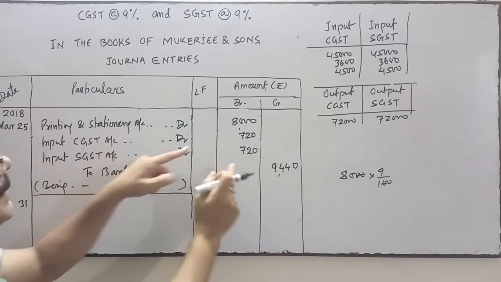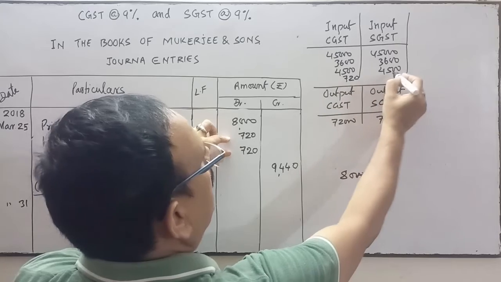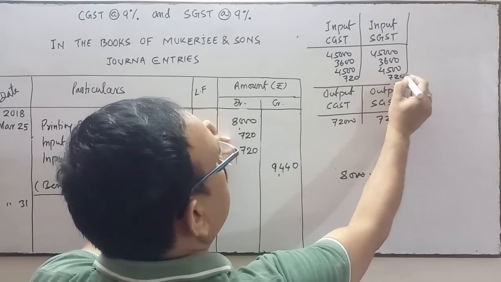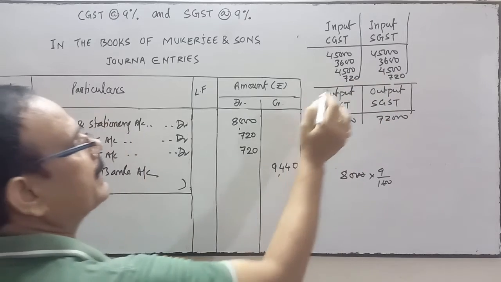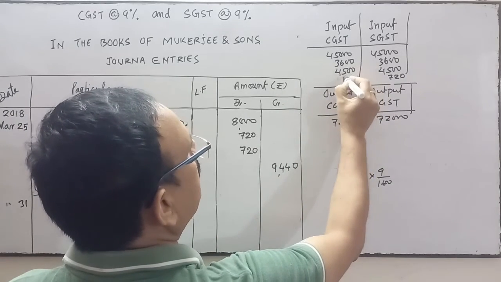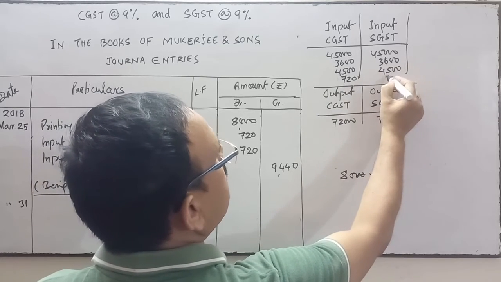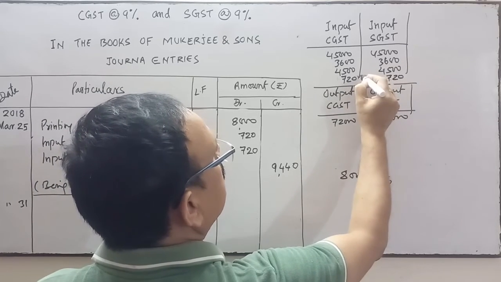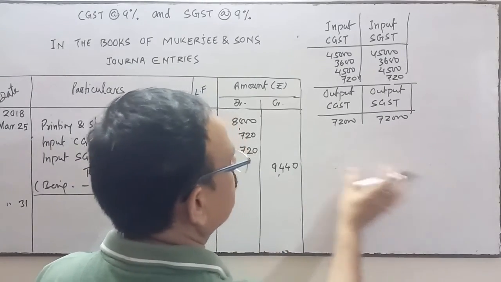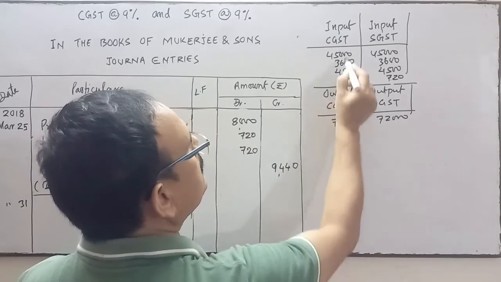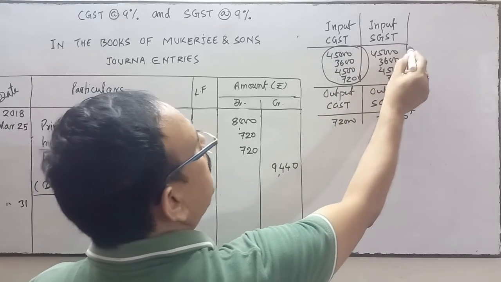Input GST, now this is 720 and 720, central 720 and state 720. So total input GST is how much? You do the total of this and this.